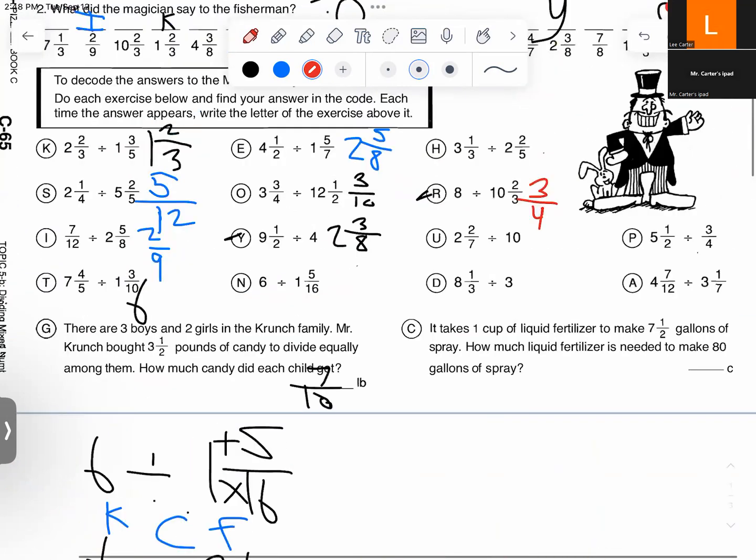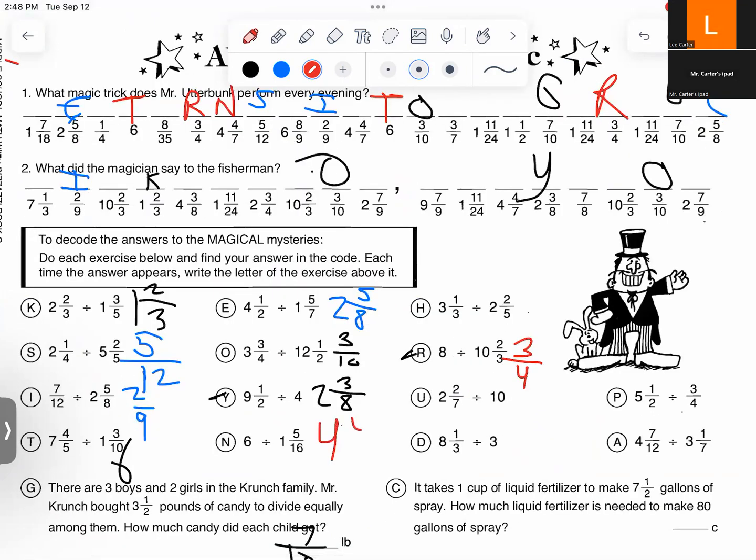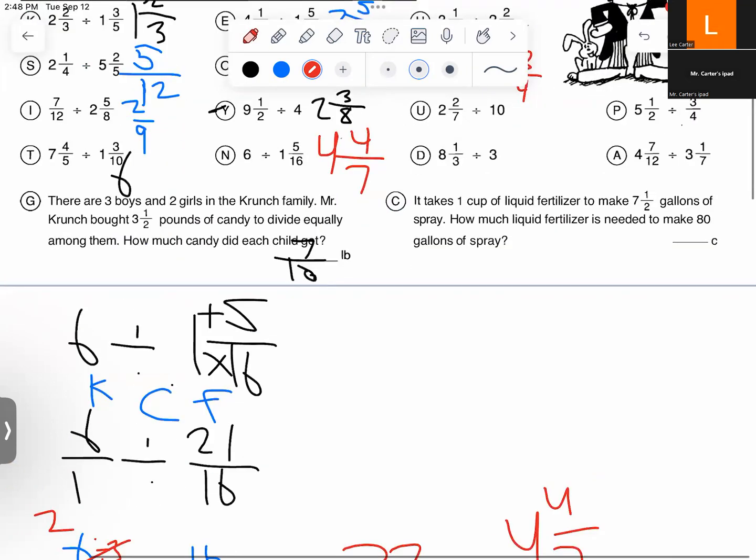All right, that was N. That's the only one I see there. All right, next one, H, 3 1/3 divided by 2 2/5.